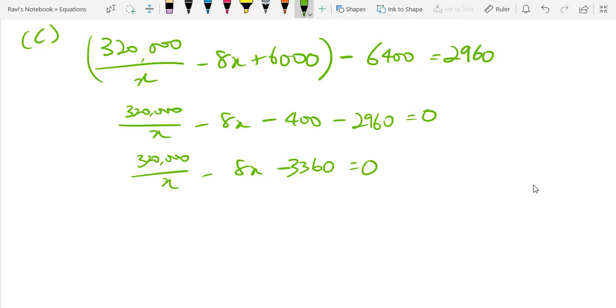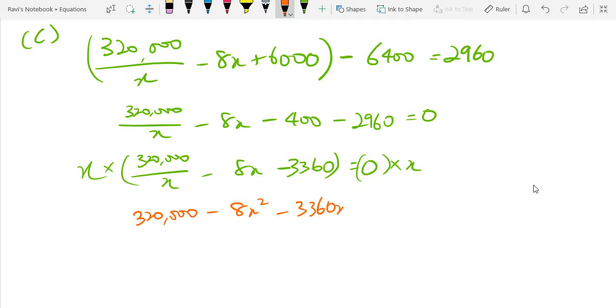Of course, usually we don't like to have the unknown variable in the denominator, so we can multiply both sides by X. That will get rid of the denominator. So what I will get in the end here is 320,000 minus 8X squared minus 3,360X equals 0. And if I divide the whole expression by 8, that means times 1 over 8, and this also times 1 over 8, what do I get?